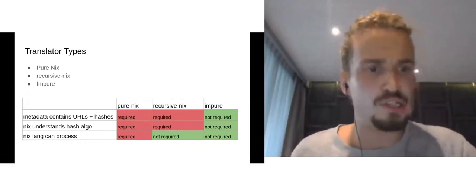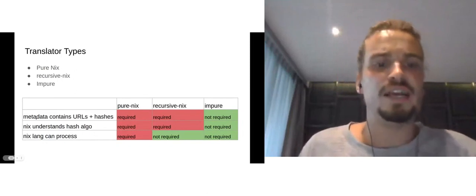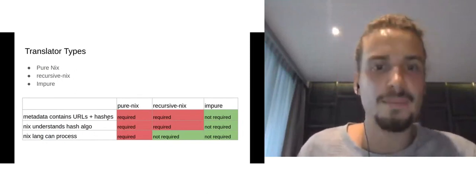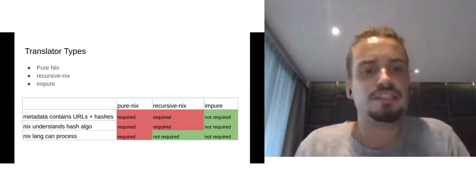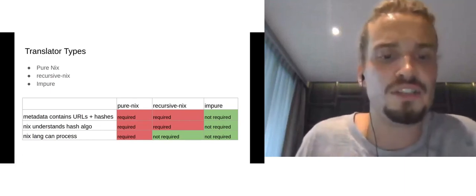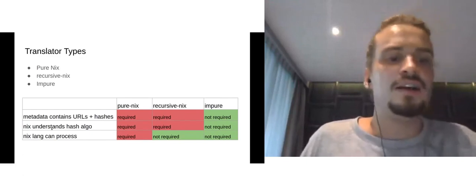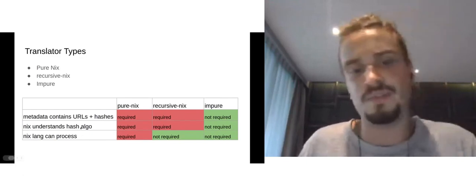The first one is the question, does the upstream metadata that we are processing contain URLs and hashes? If it doesn't contain URLs and hashes, obviously pure nix can't process it, because we would have to do network access to get the URLs and hashes, and it can't do that. The second question is, does nix itself understand the hashing algorithm?